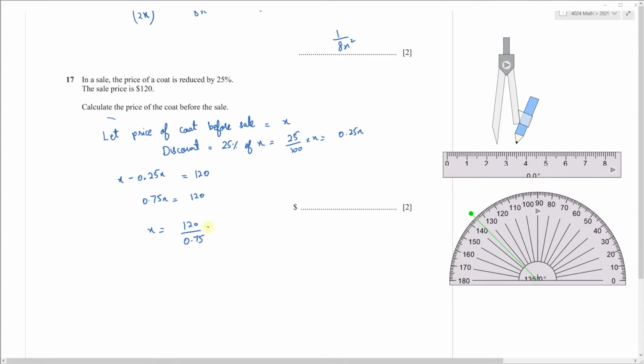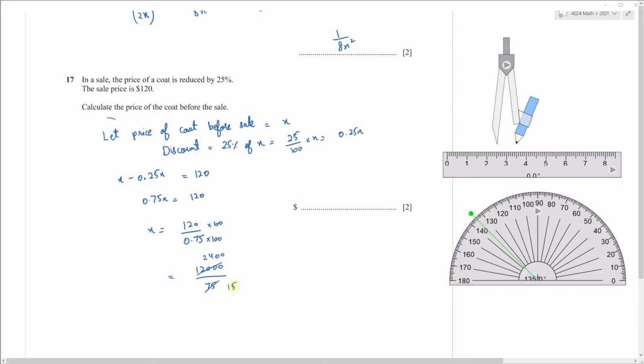Now to make this division easier, I'll remove this decimal. So that means I will multiply by 100 here. I have to do the same in the numerator. So this will add two zeros and divide by 75. So I can divide by 5. So 5 ones are 5, 5 fives are 25, 5 twos are 10, 2 remainder 20, 5 fours are 20, and then the two zeros.